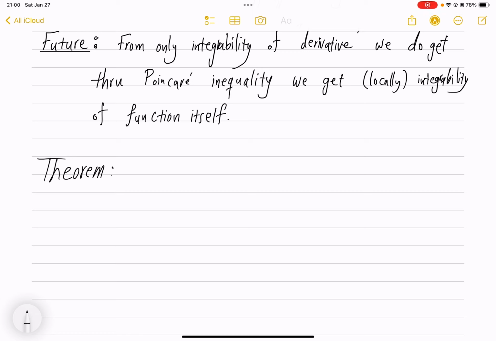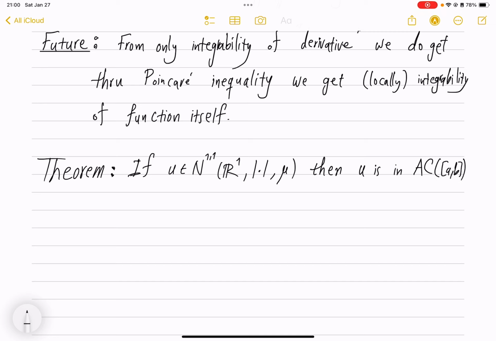So let me prove to you this theorem. If a function u is in N11 of R1, we can do similar things with N1P, but for simplicity, I'm going to stick to this. Then u is in AC of any compact subinterval.